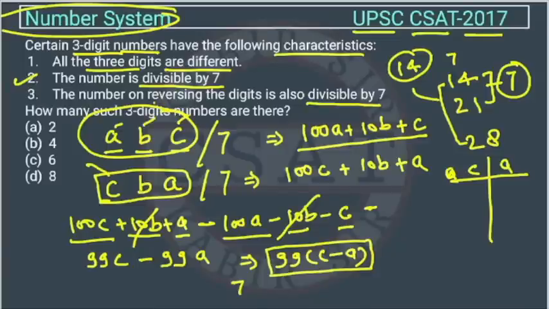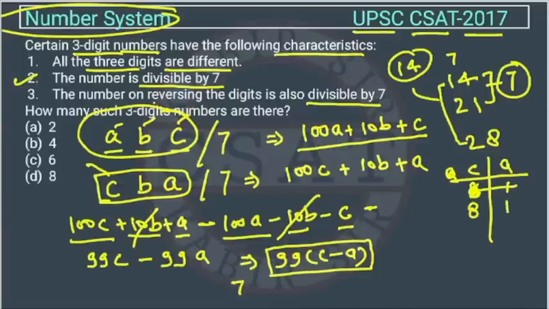So what could be the value of C? Let's write, can we take the value of C as 6? If we take 6, then A could be 0, but A cannot be 0. So can the value of A be 1? If we take 1, then 6 minus 1 becomes 5. Then this number is not divisible by 7, right? So we should take such numbers that the difference is 7. So suppose we take 8, then A will be 1.